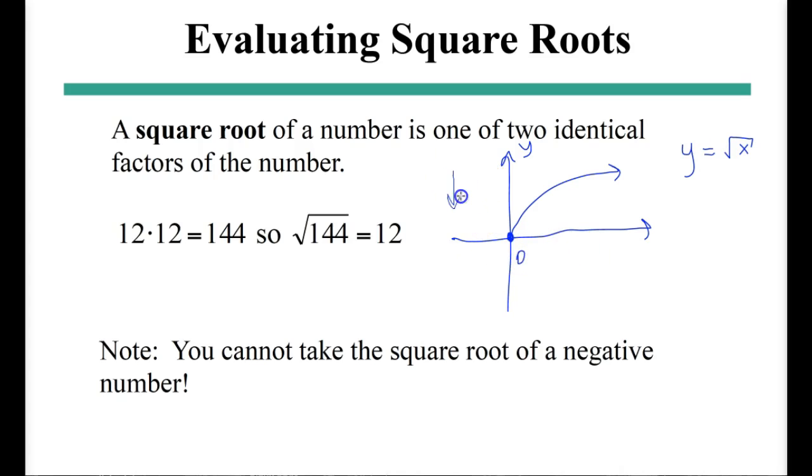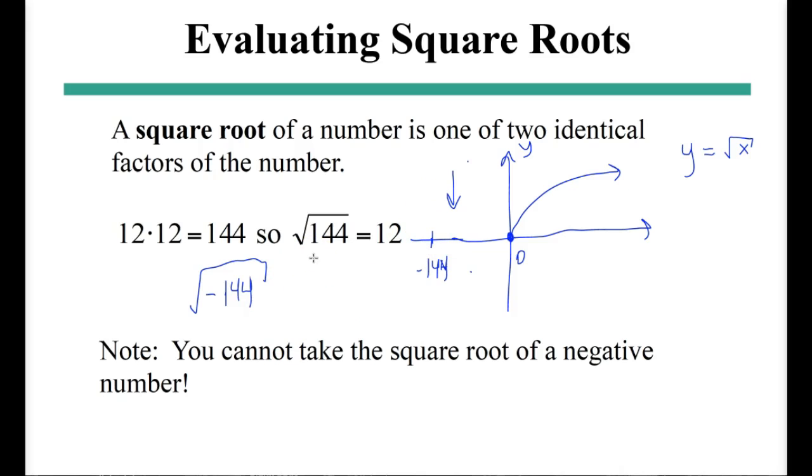Nothing else is on the left side of the x-axis, in quadrants 2 and 3. So if we were trying to plug in negative 144 into the square root, that would be way over here. Since the graph doesn't exist over here, we can't evaluate it.